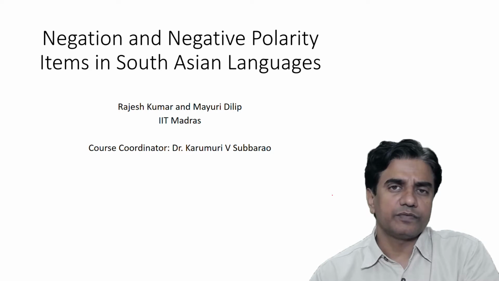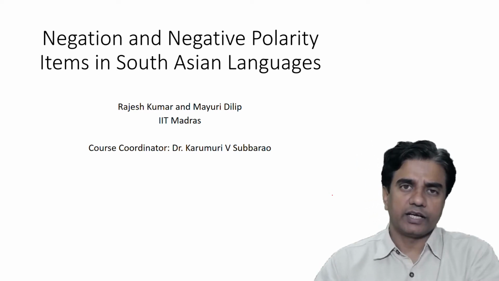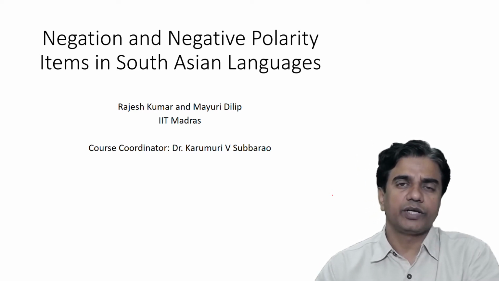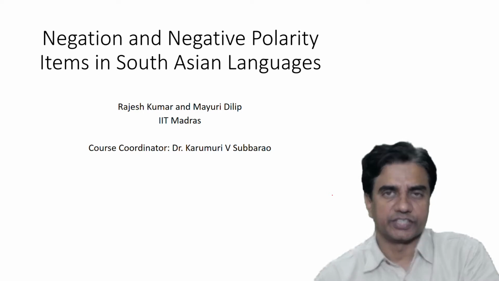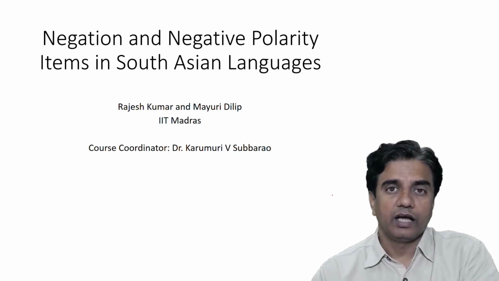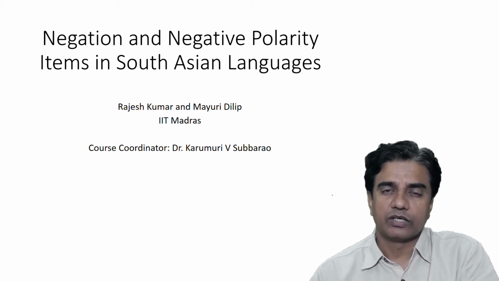A lot of these things have been discussed in various parts of the study of language. Today, as mentioned earlier, we are going to be talking about a very specific aspect of natural language, which is called negation. As we understand, there are two types of sentences.